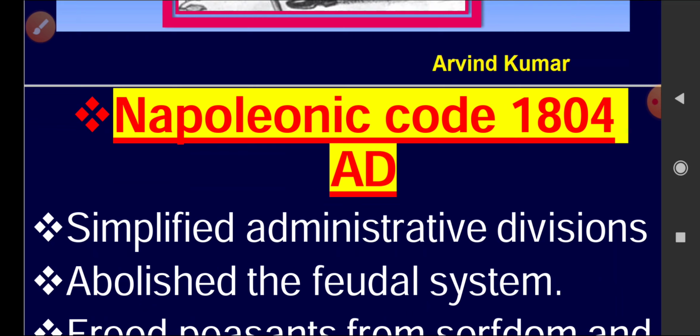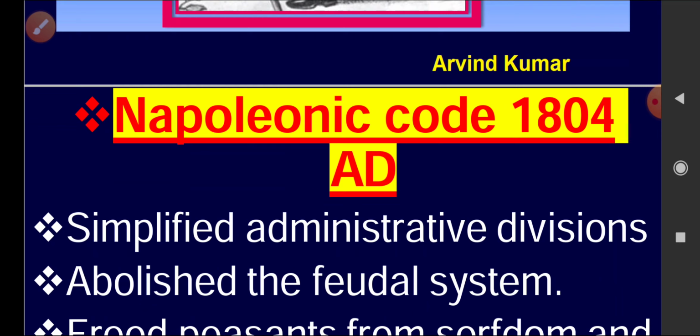By this Civil Code, he made some changes. These are some of the provisions of his Civil Code of 1804. These are some of the important contents, important topics of the chapter, which may come in the final examination too.